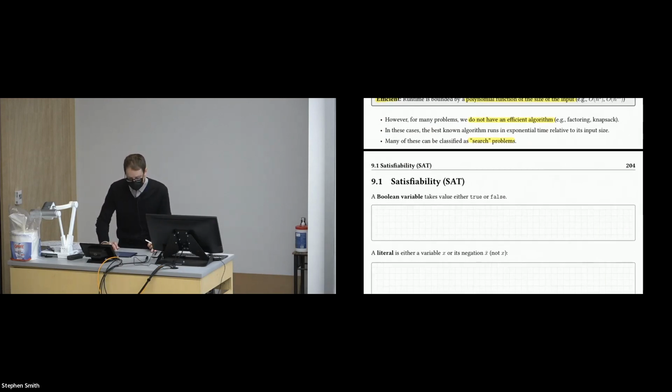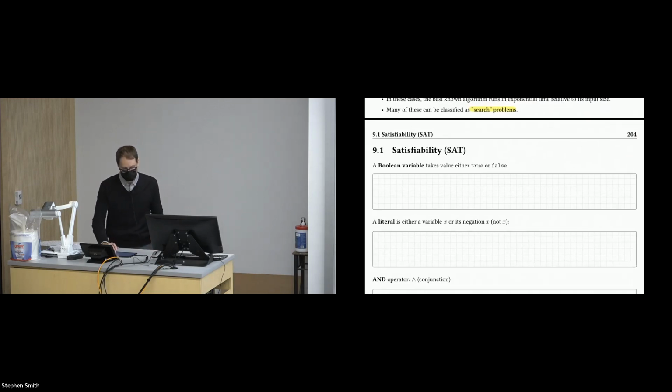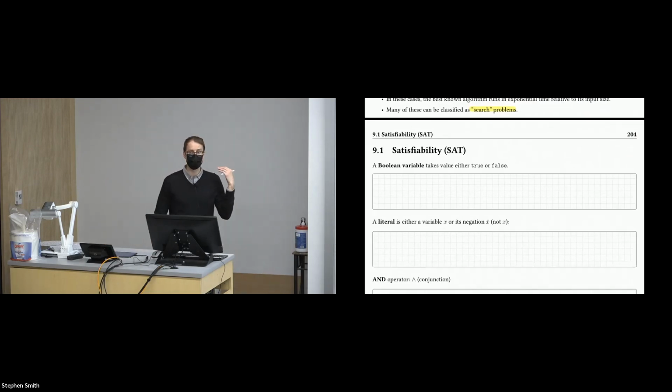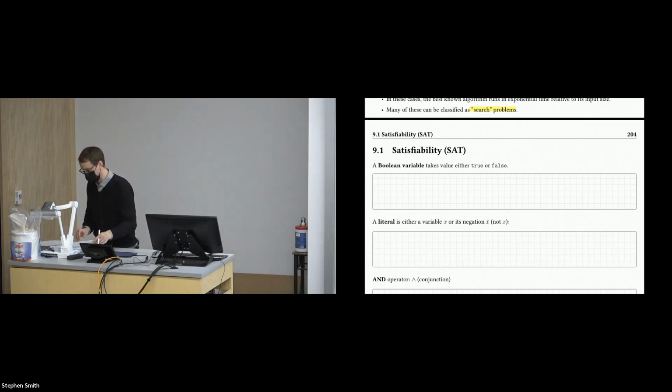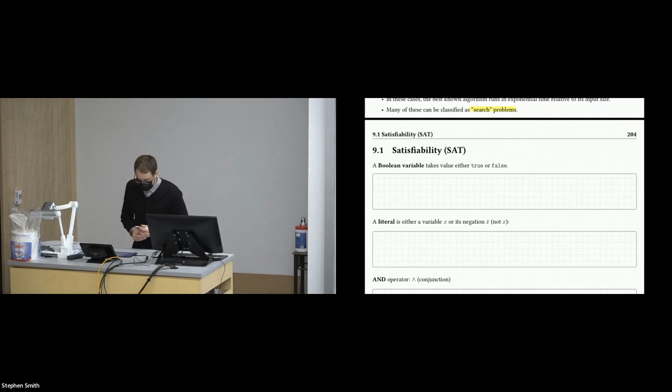The classic example is satisfiability. If you remember, we talked about Horn formulas already, and satisfiability has a lot of the same structure as Horn formulas did. In satisfiability, we have Boolean variables. They take on the value true or false.